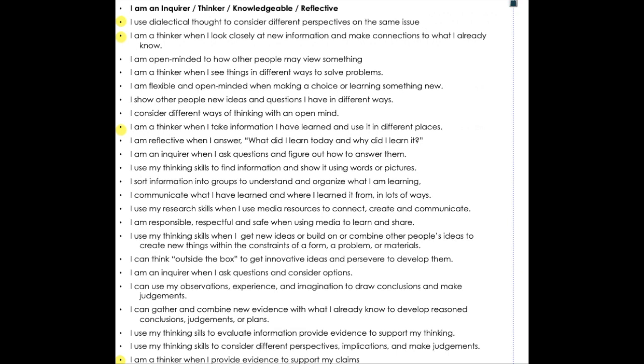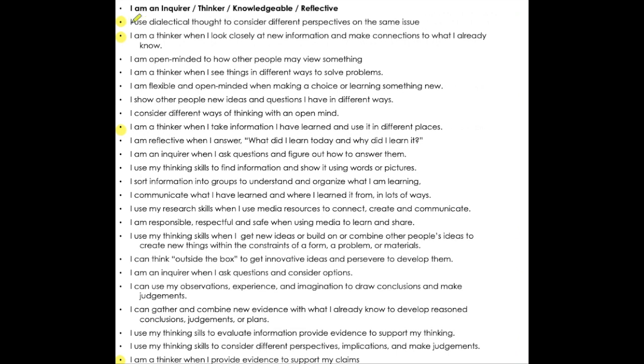So I've got a few in my communication. Now I'm going to look at my thinking skills and research skills. And same thing, you're going to go through and read all of these and highlight the ones that you feel fit you. I use dialectical thought to consider different perspectives on the same issue.